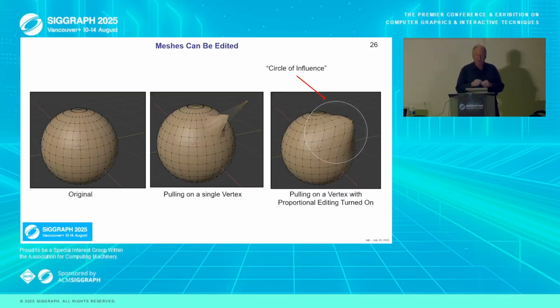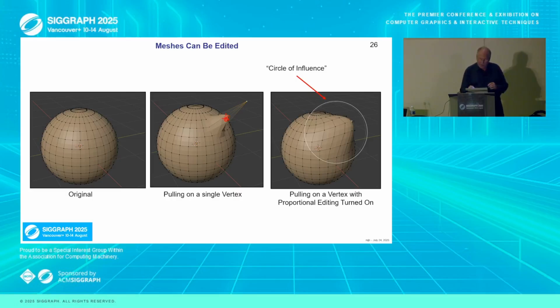You can also sculpt the meshes. You can go grab a vertex and pull on it. So here's a sphere, and if I grab that vertex and I pull on it, well, I get that. And that's not normally what we want to do, unless you're trying to put horns on a sphere.